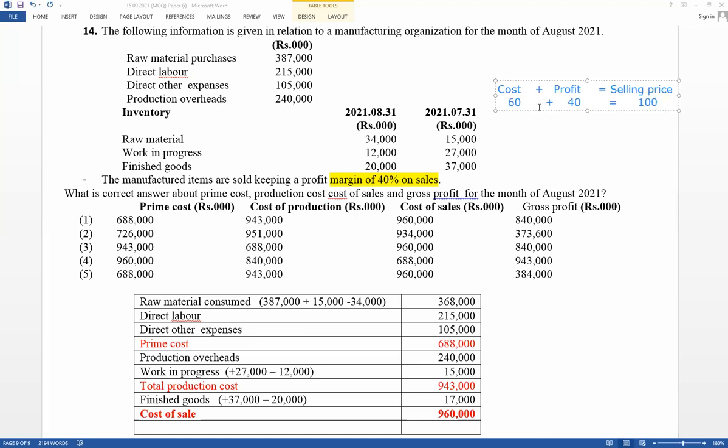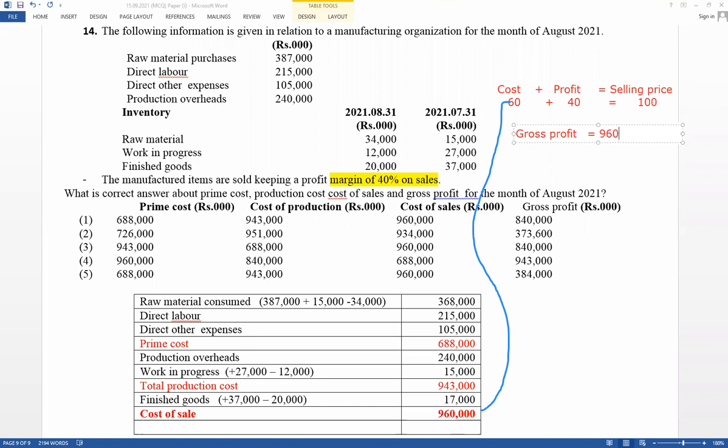If it has given profit margin, think profit is decided based on selling price. Cost value equals 60. When cost value is 60, selling price is 100 and profit is 40. Therefore, cost of sales should be considered as the cost. They ask for gross profit.